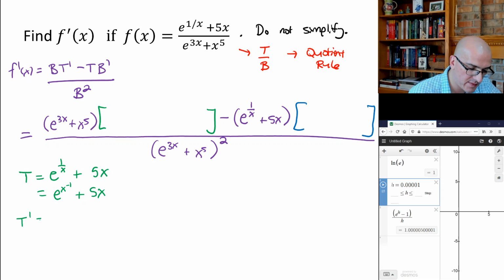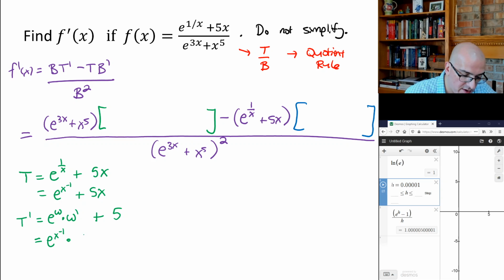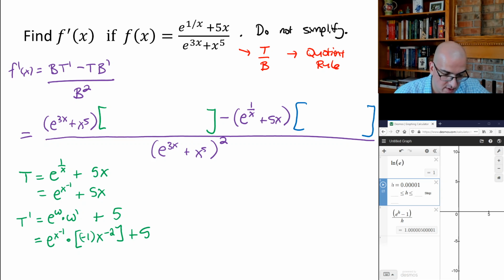T prime is e to the w times w prime plus the derivative of 5x, which is 5. Now e to the w is just e to the power of x to the power of negative 1. W prime, the derivative of x to the power of negative 1. The negative 1 comes down, negative 1 times x to the power of negative 2. And I'm just going to plug that straight in the box.